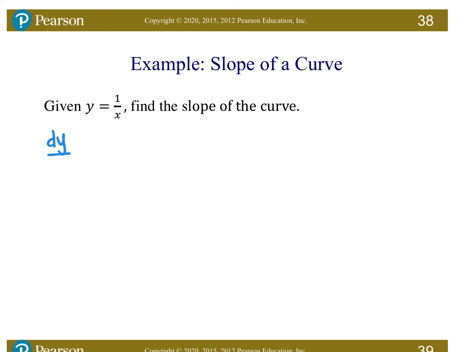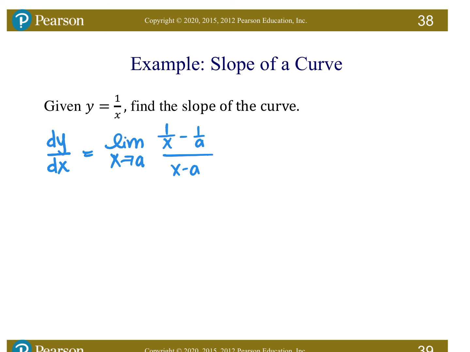This time I'm going to do Leibniz, so dy/dx, and that announces to everybody that I'm ready to do Leibniz. So x approaches a. That would be (1/x minus 1/a) over (x minus a). That's how I set that up.